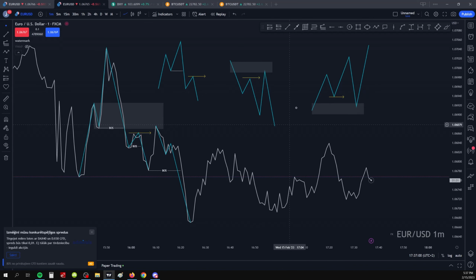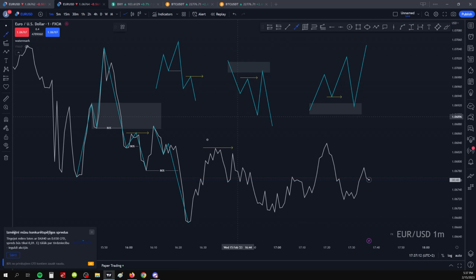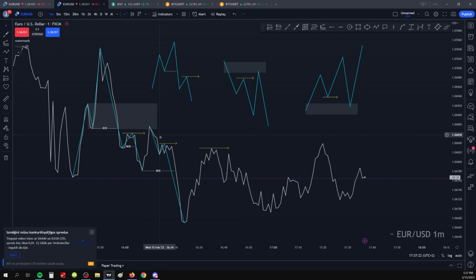And as I said, the first high must be your inducement. As well as this high, because this is 1, 2, 3. This is also your inducement. So if you want to enter from this zone, it must be above these two.